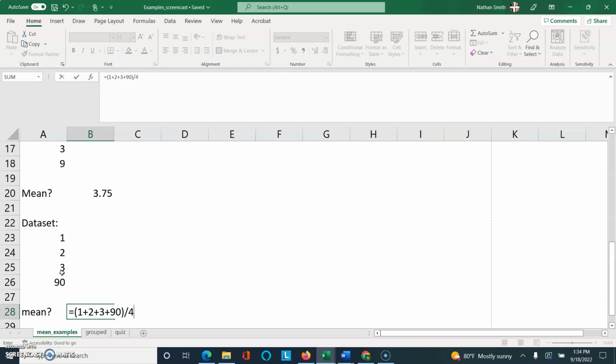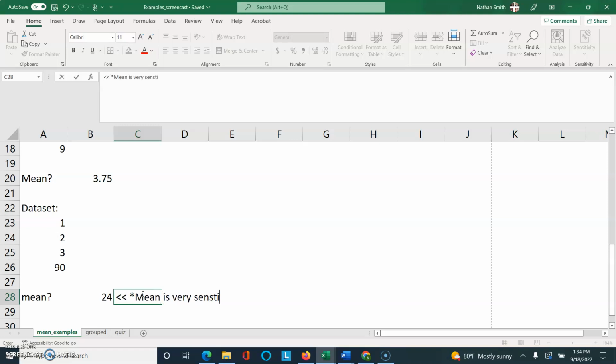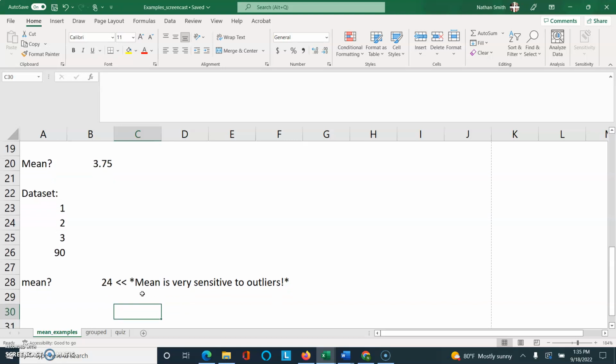We still have 4 numbers. Now the mean has jumped all the way to 24. That teaches us that the mean is very sensitive to outliers. High or low values in your data set will really cause the mean to swing. Maybe that's a good thing, maybe that's a bad thing. It really depends on whether you want a measure of representativeness that is or is not sensitive to those extreme values.